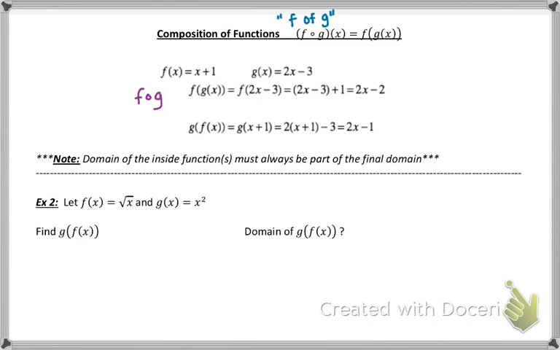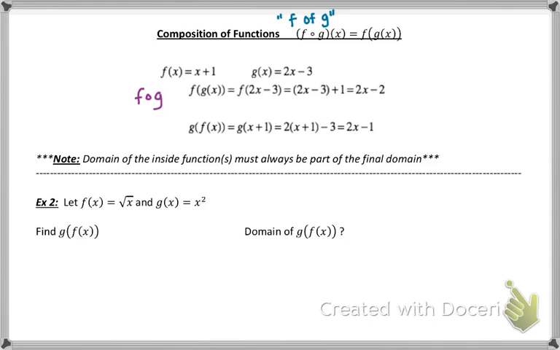So all we're doing is in your f function, instead of x, I'm going to take g of x, which is 2x minus 3, and I'm going to put it in as the input into the f function. So that would be 2x minus 3. Your input is not just x, a variable, it is an expression. So 2x minus 3 and then plus 1, and we simplify.